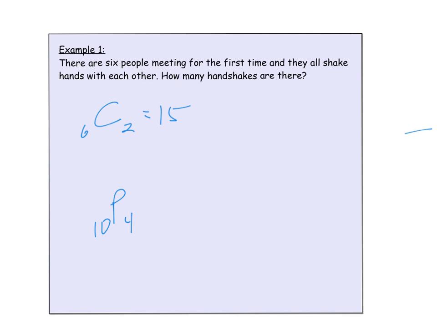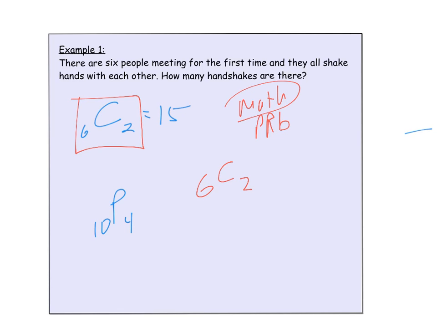Now, if you're using the TI-84, if you want to do this problem right here, you'd have to hit 6 first and then go to the math button and go over to PRB, probability, and go down to that nCr button, type it in, and it'll look like this, and then you hit 2 last.